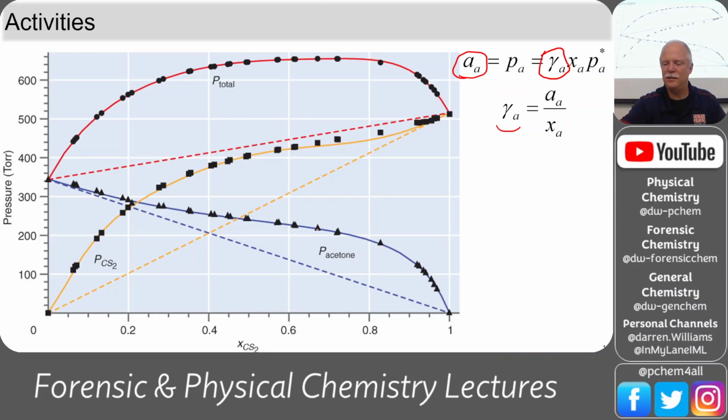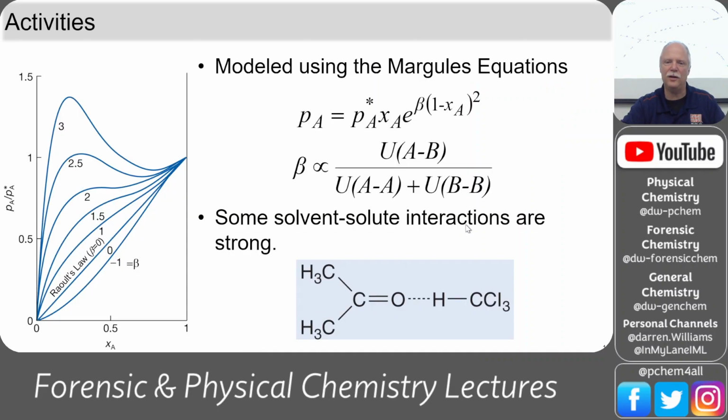It's different for every composition. Very difficult to arrive at those from a theoretical standpoint. This is one option, this Margules equation, where you can put in this beta parameter, and you can model situations where they hate each other and situations where they like each other. So anyway, that's activities modeled with the Margules equation.